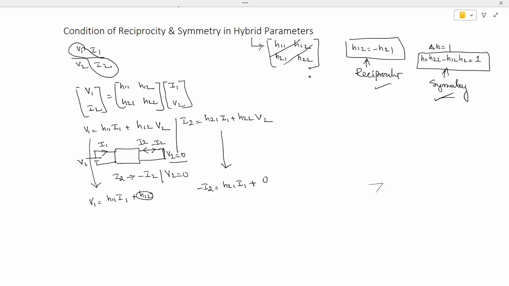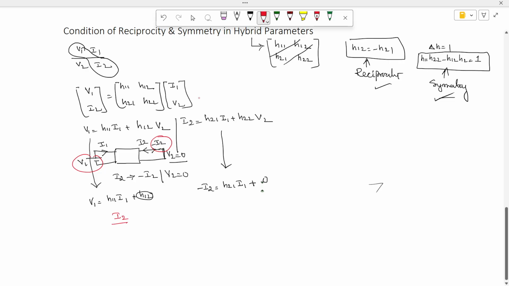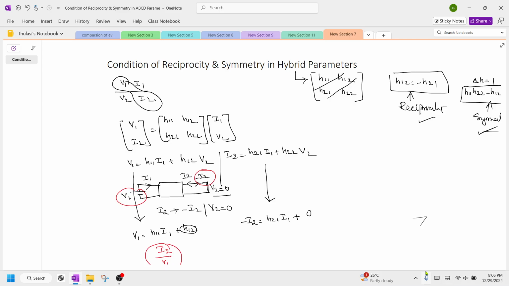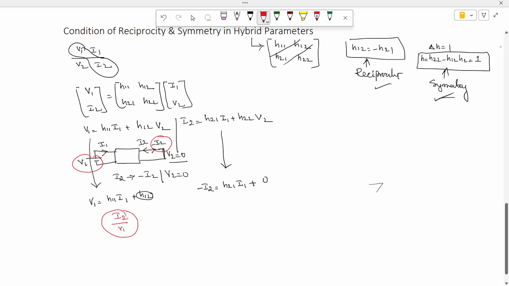Now what we need to find out is the response to the excitation ratio. What is the response? I2 is the response, the excitation is V1. We have to find the ratio of response to the excitation. Identify where I2 and V1 are. Here we have I2, but here we have a disturbance of I1. So we have to express I1 in terms of either I2 or V1.